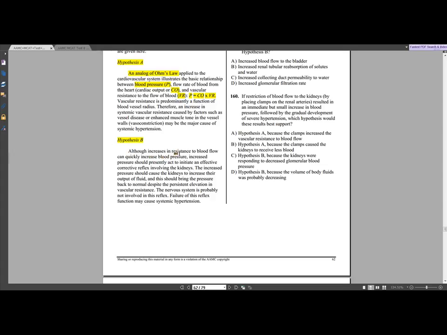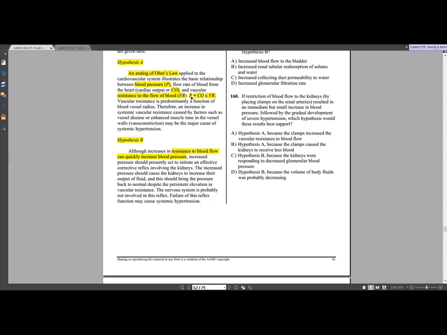Hypothesis B. Change in resistance to blood flow increases blood pressure. What does it say here? Pressure is equal, so as pressure increases, so voltage is always constant.